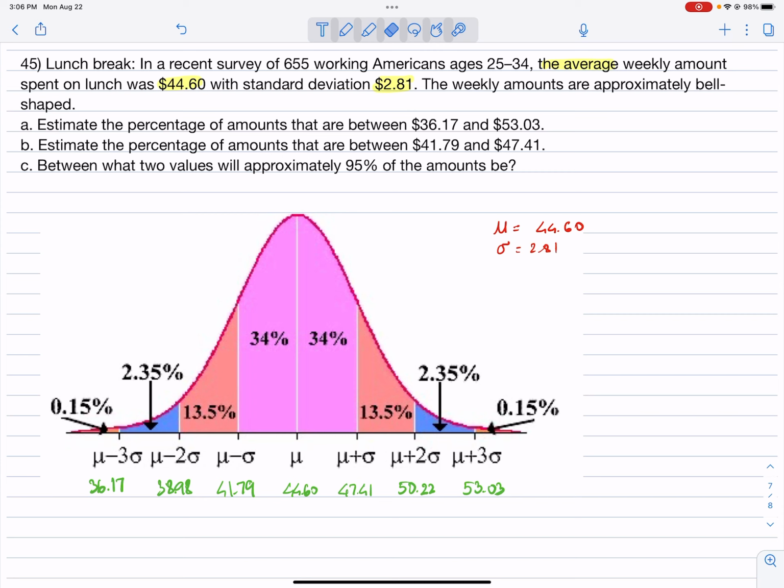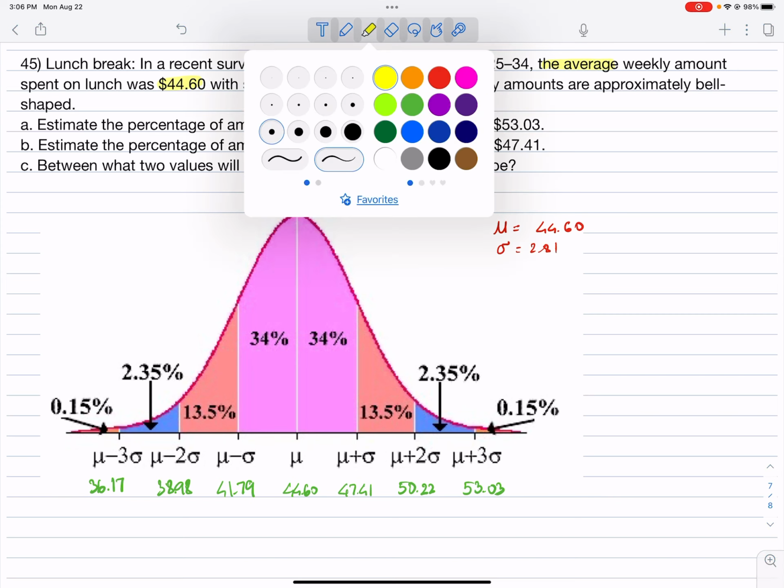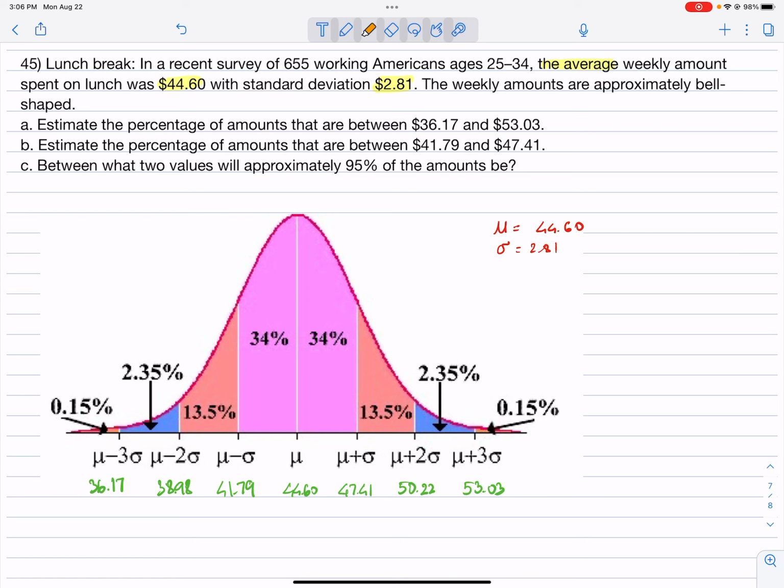Part A: estimate the percentage of the amounts that are between 36.17 and 53.03. Let's look at those numbers. 36.17 is right here, and 53.03 is right here. This is between mu minus 3 sigma and mu plus 3 sigma.